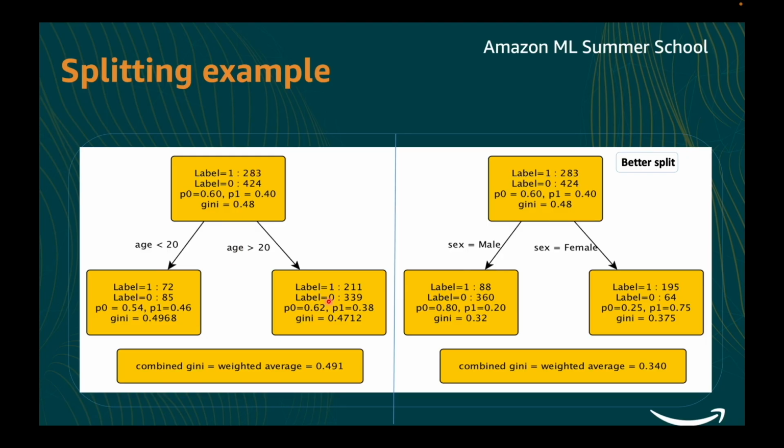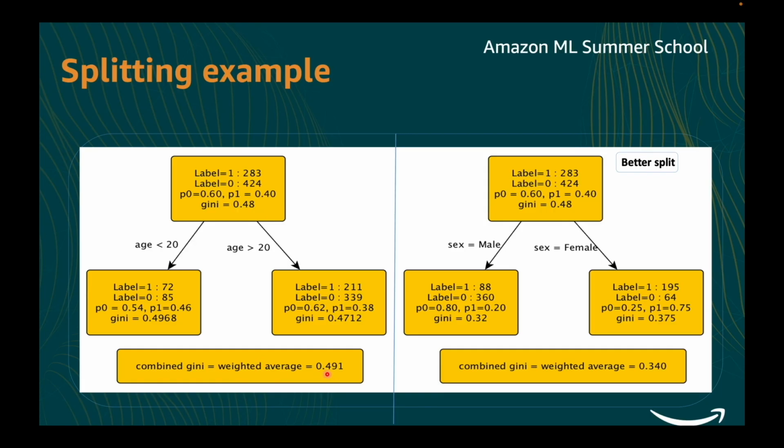That is the weight. You multiply that by the Gini impurity value of this node. You take the fraction over here, which is 339 plus 211 divided by the sum of this, and multiply that by the Gini value over here, and the sum of those two gives you the weighted average. This is your Gini weighted average, basically your Gini impurity on using age less than 20 as your splitting criteria, right?